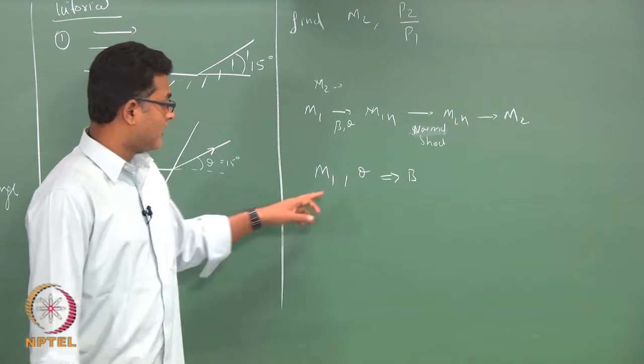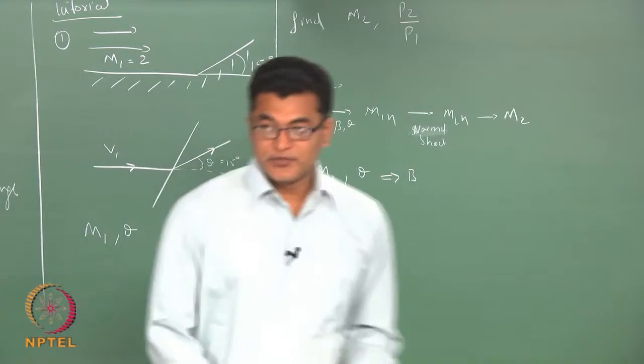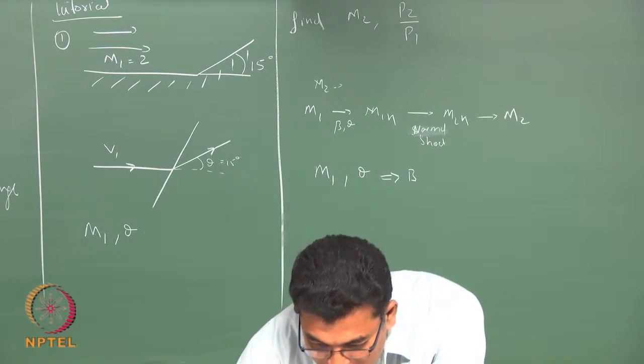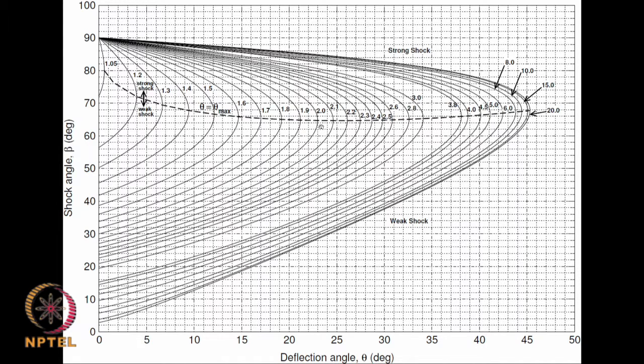For that I have to use a theta-beta chart. So, here I look at the chart for Mach number 2 and look for theta equals 15 degrees. Theta is 15 somewhere here, and this point is my Mach number 2 contour with theta equals 15 degrees, which corresponds to around 45 degrees.